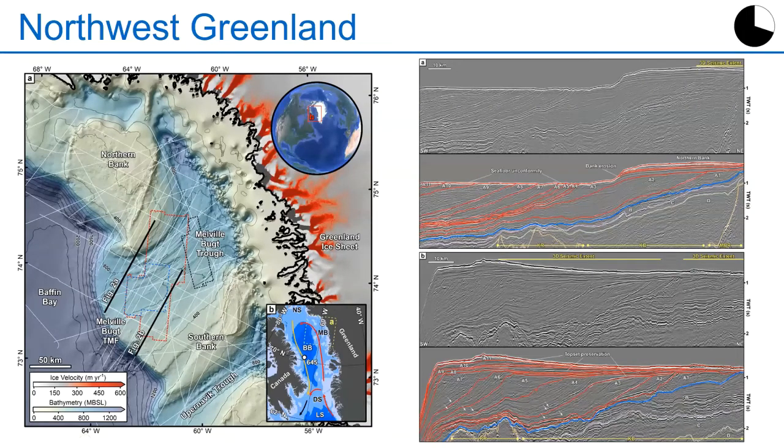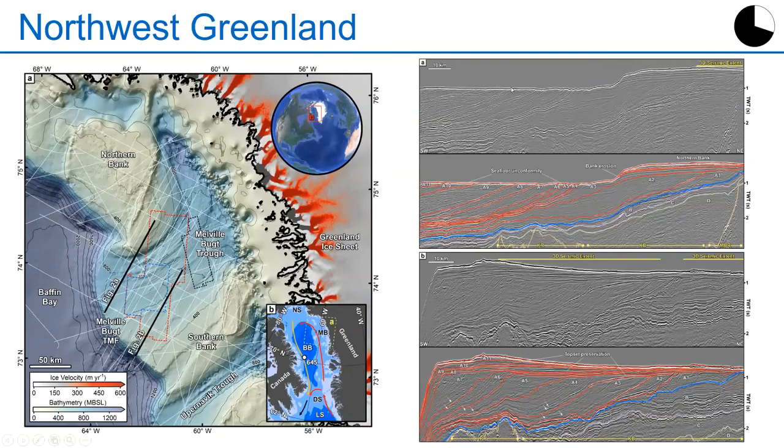So the glacial stratigraphy here, when we look at these seismic profiles, so the stratigraphy that comprises the trough mouth fan can be separated into 11 separate units, and these vary spatially. So in the north, if you look at the upper seismic profile, you can see that there's significant topset erosion.